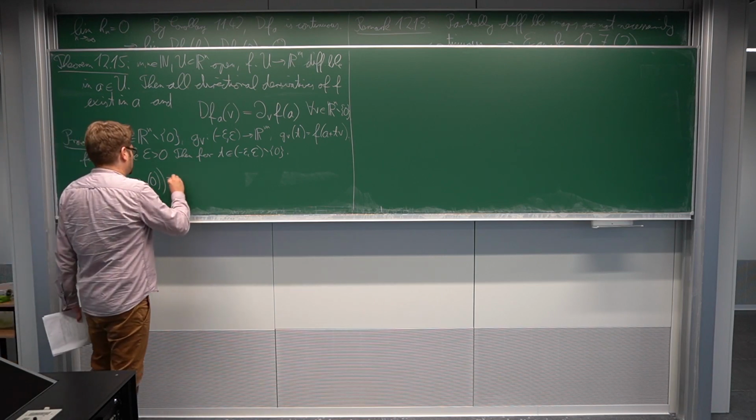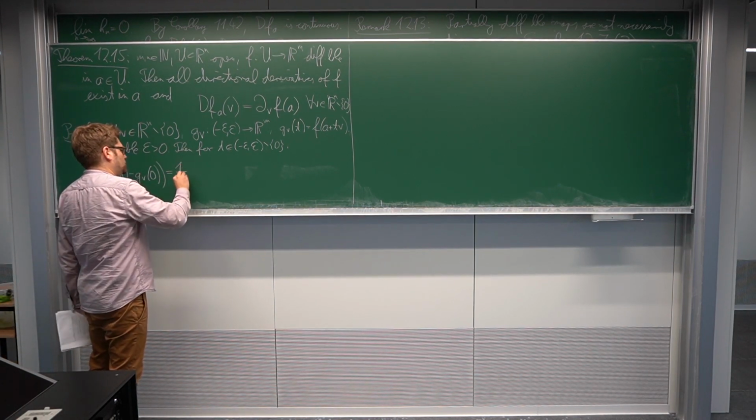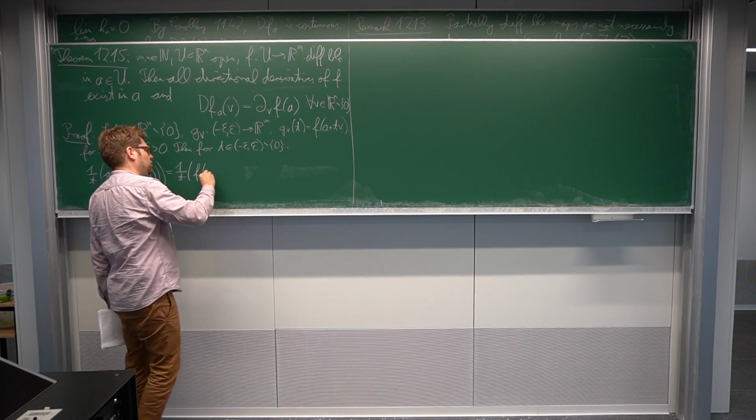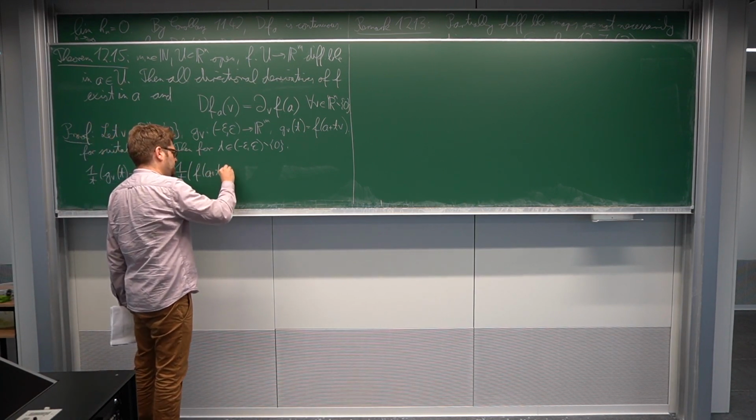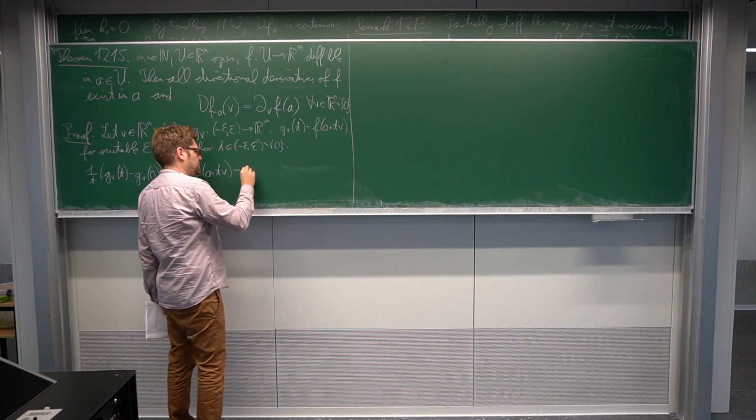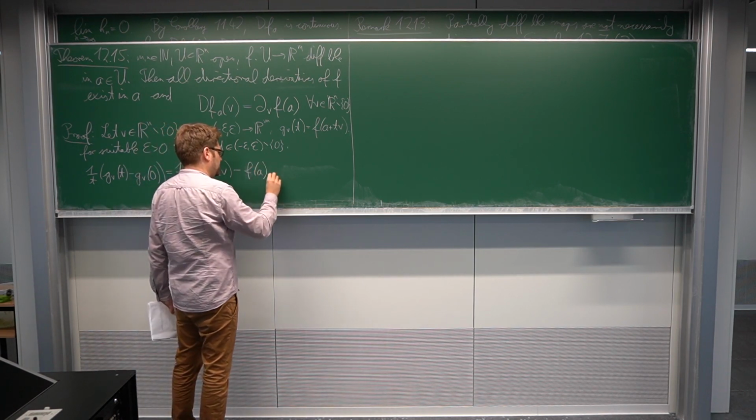Now, let's write in these definitions. So this is 1 over t of (f of a plus tv minus f of a).